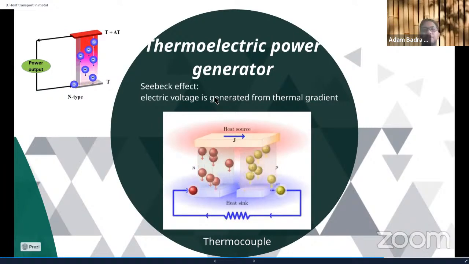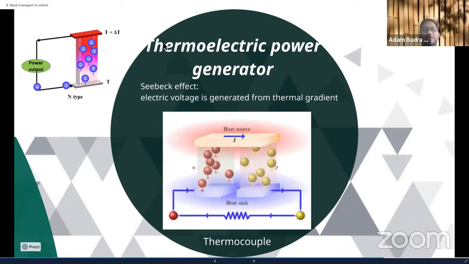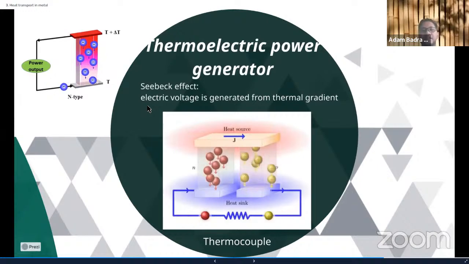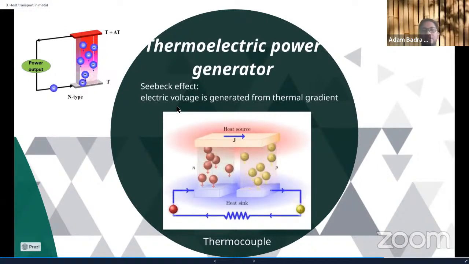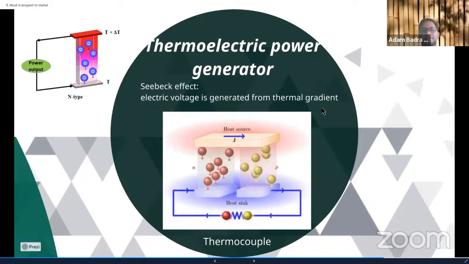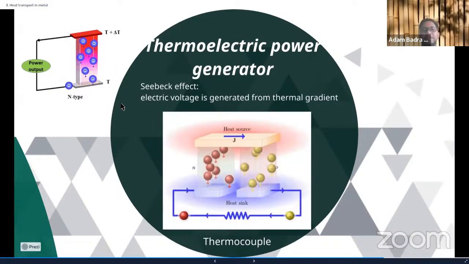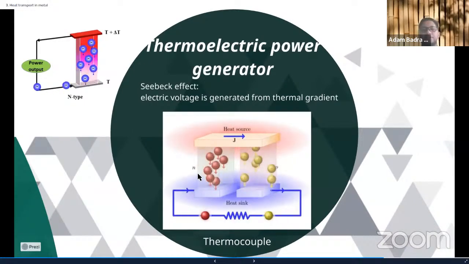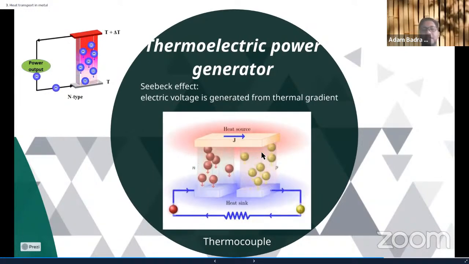And more in physics, the important effect that describes the thermoelectric power generator is called the Seebeck effect. The Seebeck effect is the generation of electric voltage using a thermal gradient. Usually it's not implemented using only one material, but using two materials. In one material, the one that is moving is the electron, and in the other material, the one that is moving is positively charged.